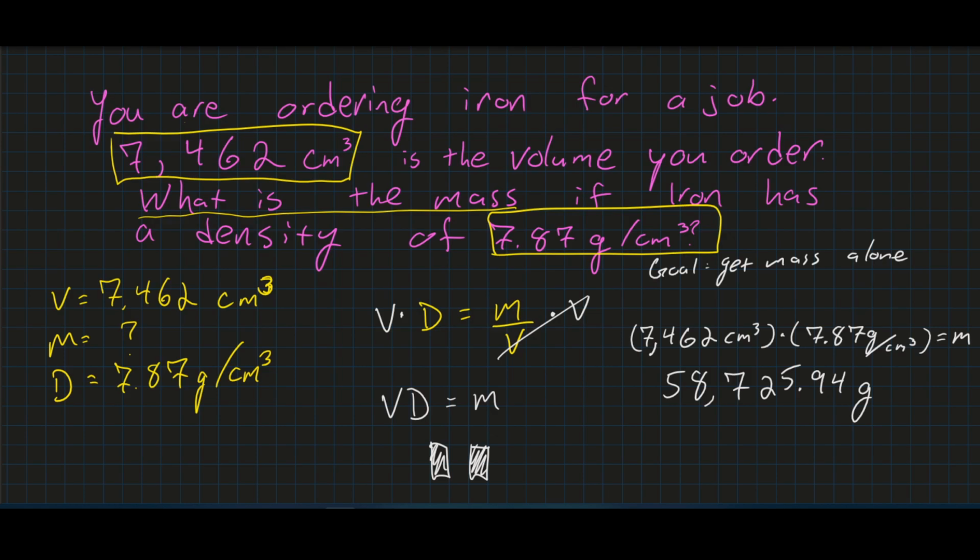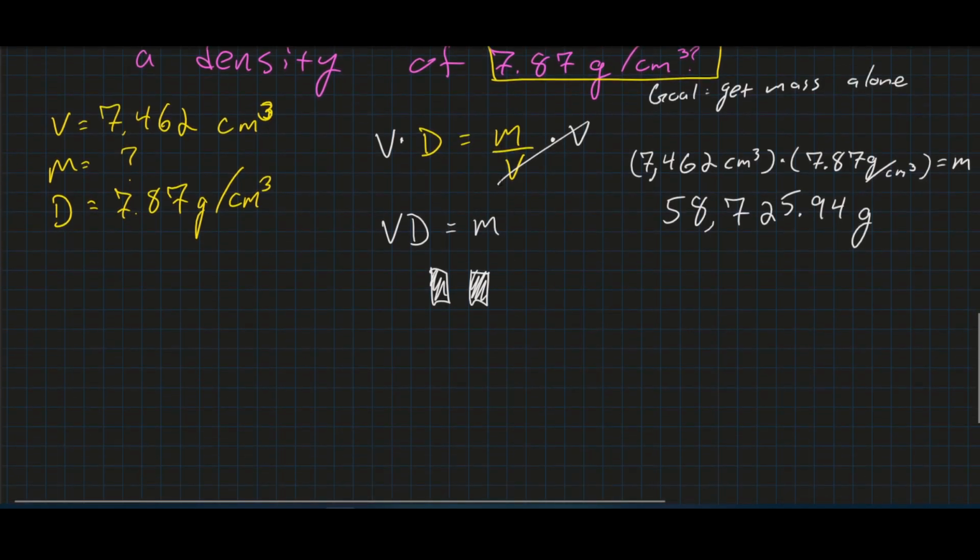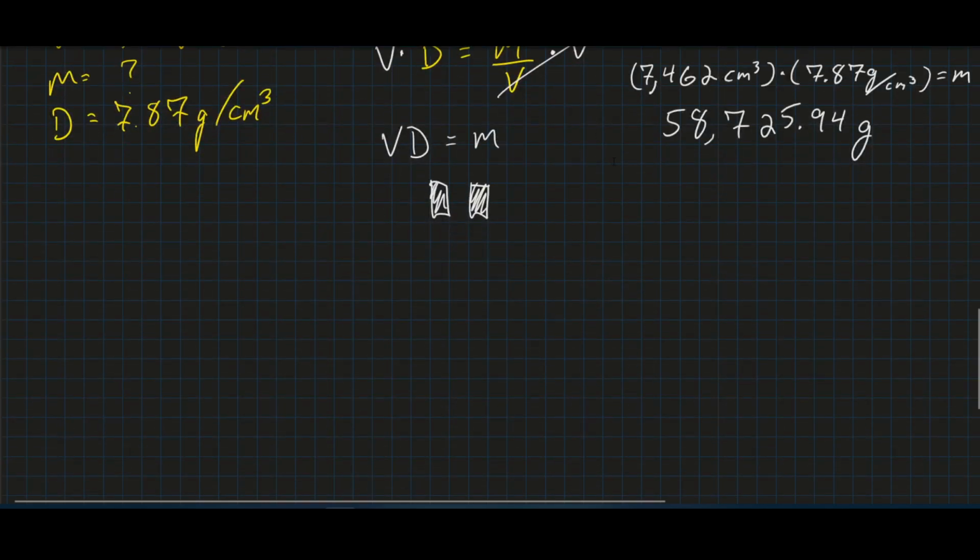So if I did this in a way you could more easily see, let me set this up again. No, that's not going to be enough space. I hate when I do that. Don't you? I sure do. 7,462 centimeters cubed.